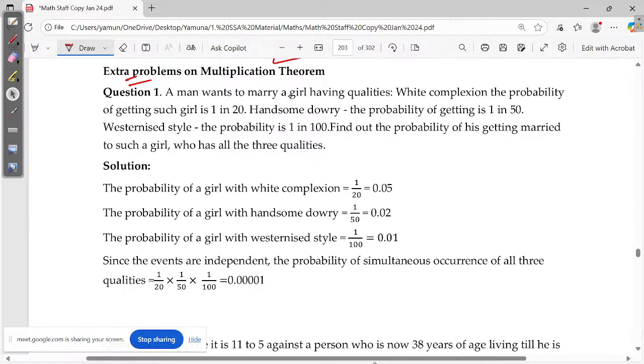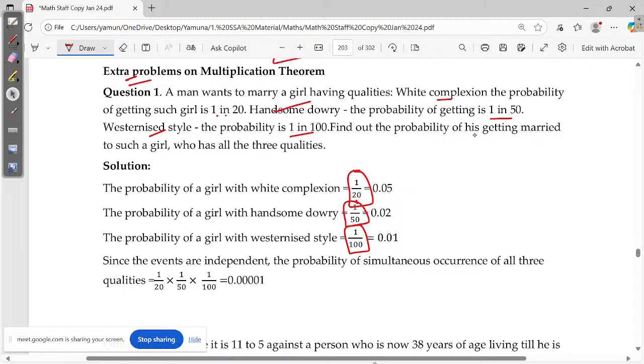A man wants to marry a girl having qualities: white complexion, the probability of getting such a girl is 1 in 20, so 1 by 20. Handsome dowry, the probability of getting is 1 in 50, so 1 by 50. Westernized side, the probability is 1 in 100, so 1 by 100.